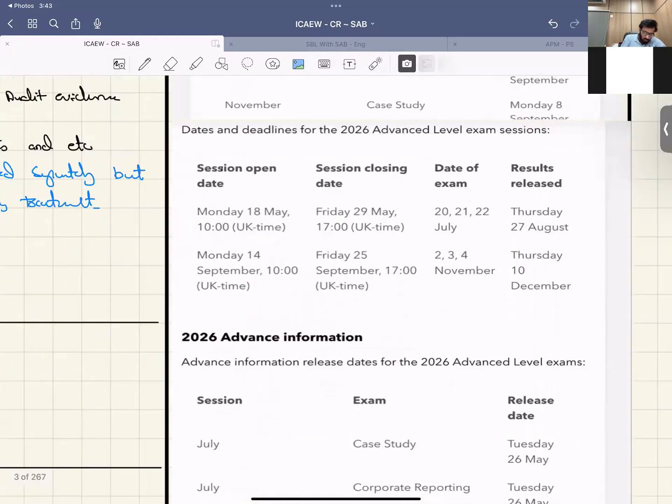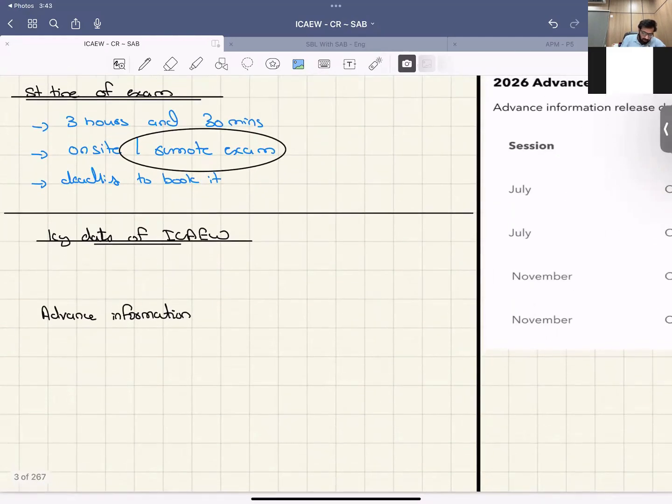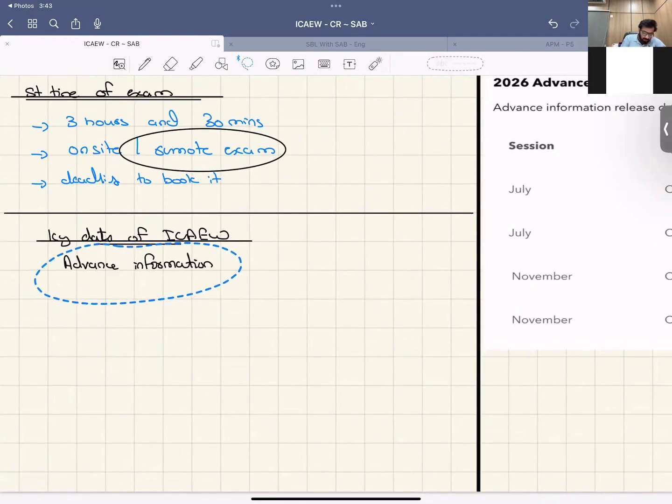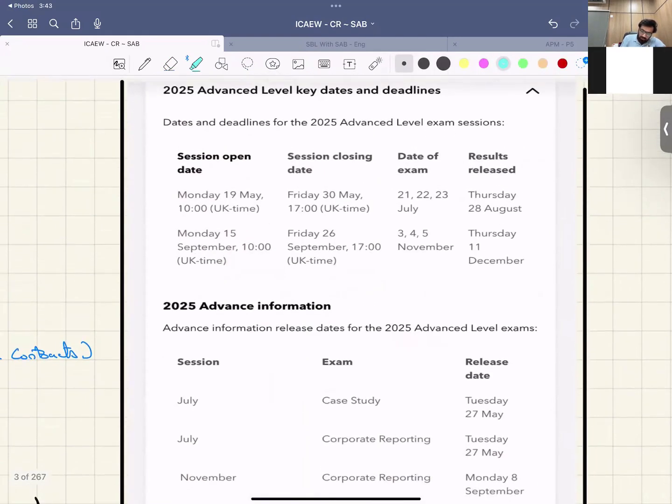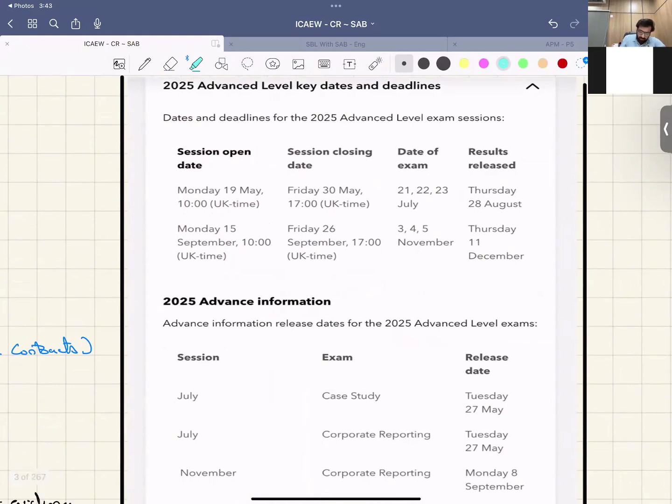Yes, guys, for the students asking about the key dates, I got a screenshot from the website. The session is for, let's say, the July attempt, but we are on the November attempt right now, 2025. Your exam booking date is 15th September, the last date is 26th September. The exam is on 3, 4, 5: CR, SPM, and case study.